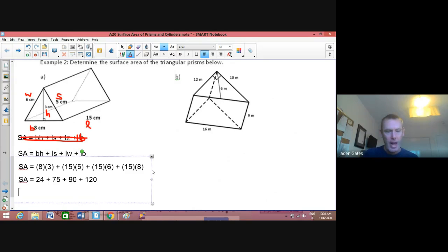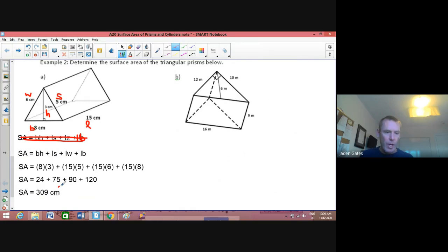Then I add those together, which is no problem. So I get 24 plus 75 plus 90 plus 120, I get 309, and the units are centimeters. And again, because we're looking at how many squares will cover this object, it's centimeters squared.